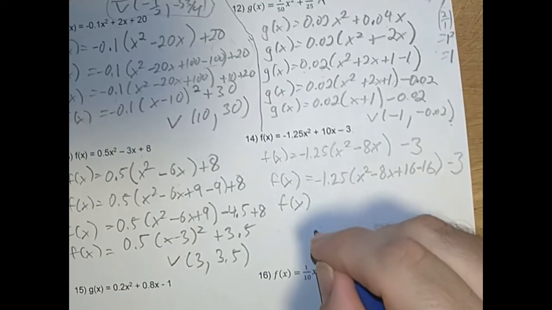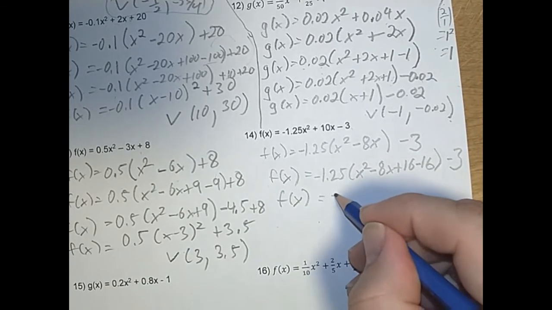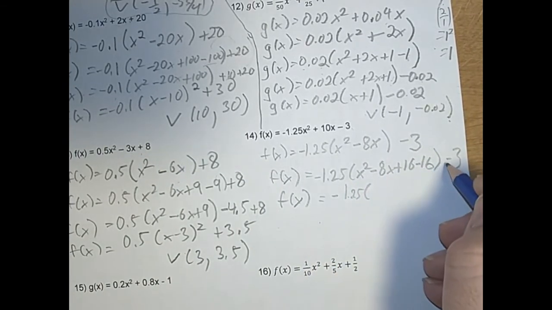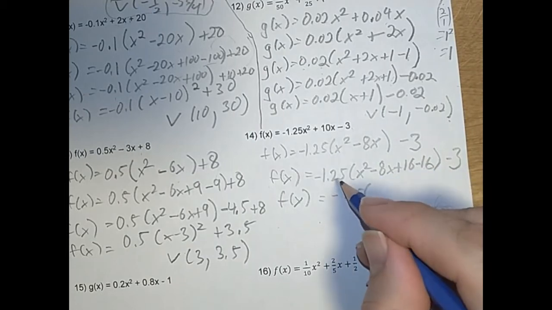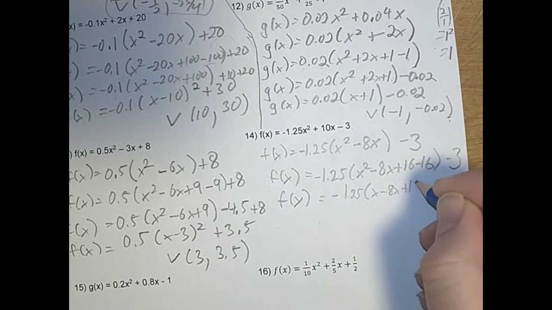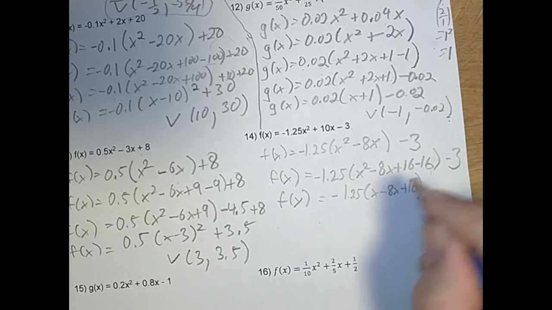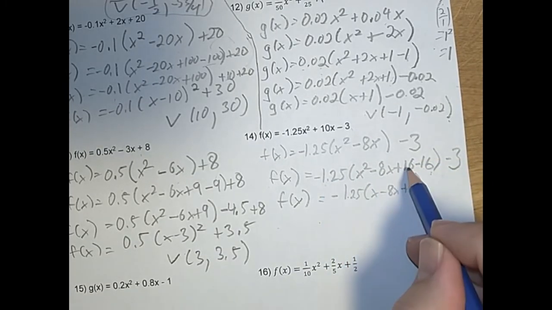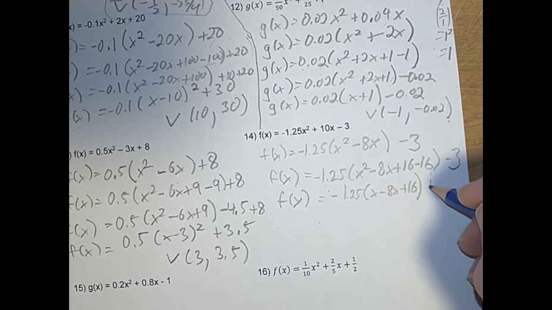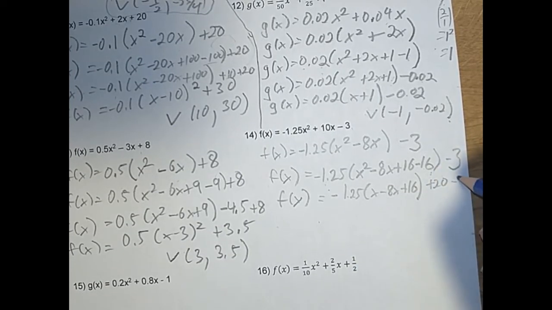So on the next one, I'm going to go equals negative 1.25. Take the negative 16 out and multiply by 1.25. So x squared minus 8x plus 16. And when I take this, I multiply the negative 16 by 1.25, so I get plus 20, minus 3.